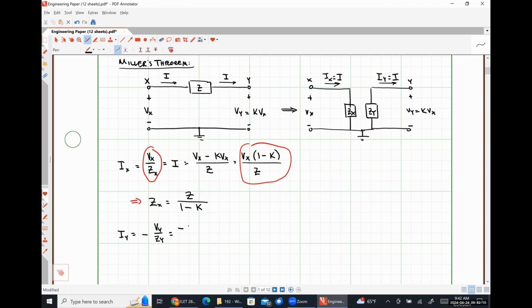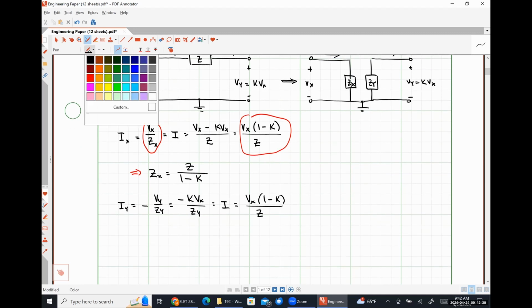Or negative K VX over ZY, which once again, this must equal I, and we know that we can express I from the left-hand circuit as Vx times 1 minus K divided by Z.